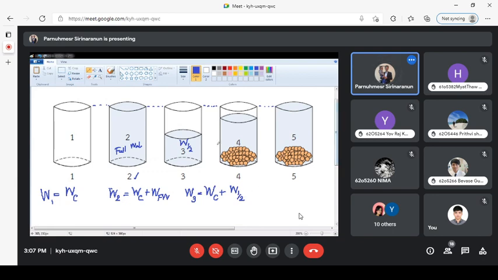You fill half of the water inside this container, and from this state 3, you pour your material into this container. What do you get? You will have the material and the weight of the half water inside. Not only that, you also have the weight of the material too.